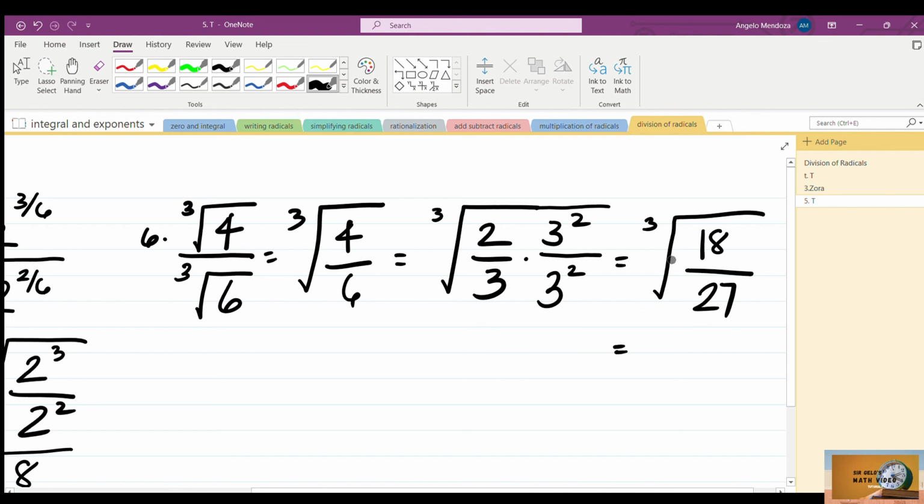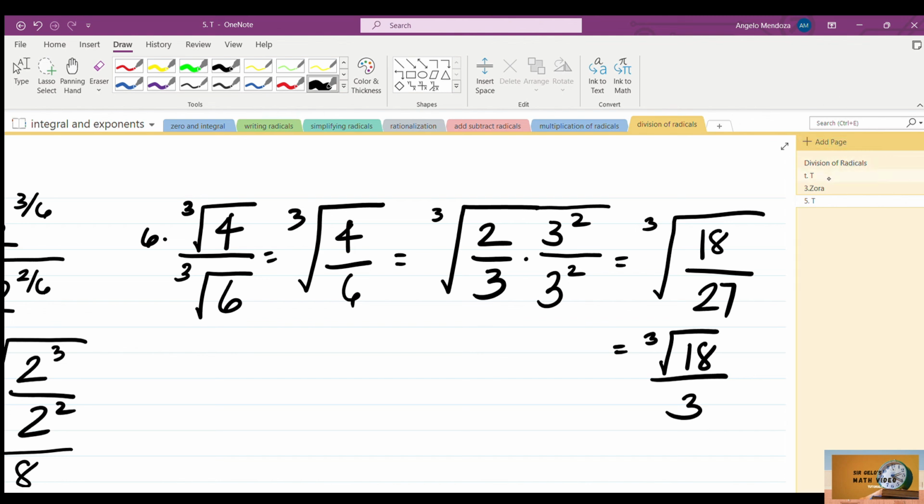That's why if you get the cube root of 27, the final answer here will be the cube root of 18 over 3. So the radical sign in the denominator is already eliminated. So this is the final answer.